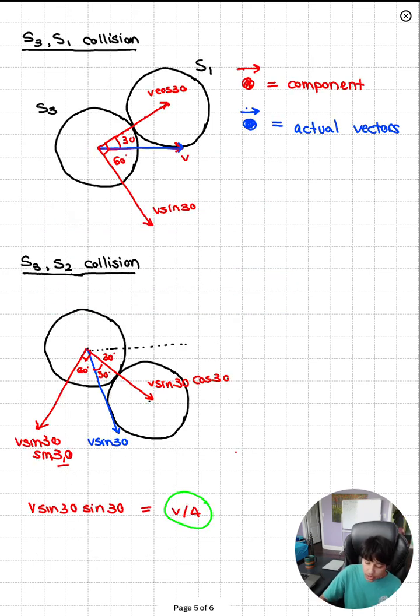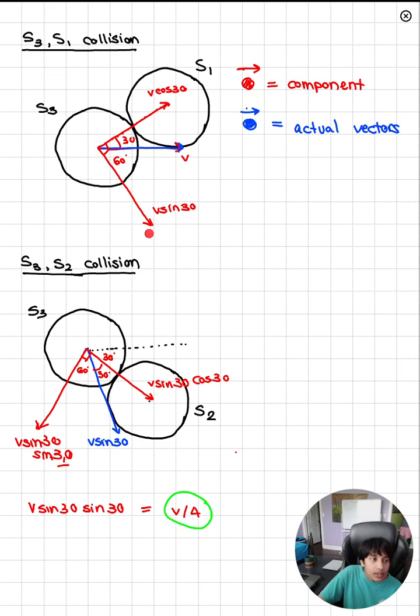Remember that I'll be referring to the circle that is colliding with the two other circles as S3, and the others as S1 and S2. So over here. Okay, so think about it. When S3 is moving with a velocity of v, it has two components, v cosine 30 and v sine 30.